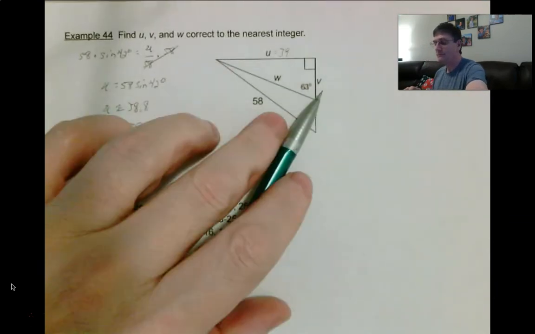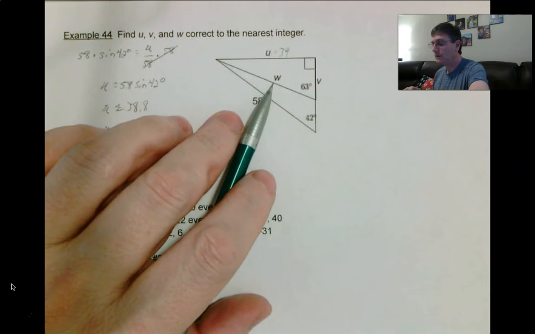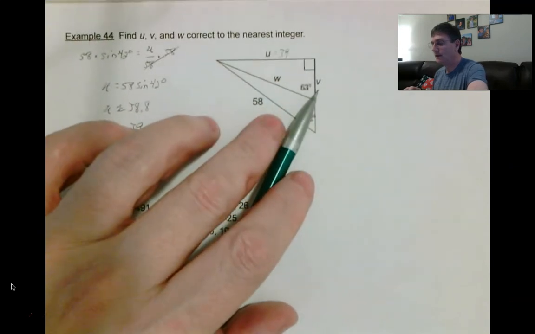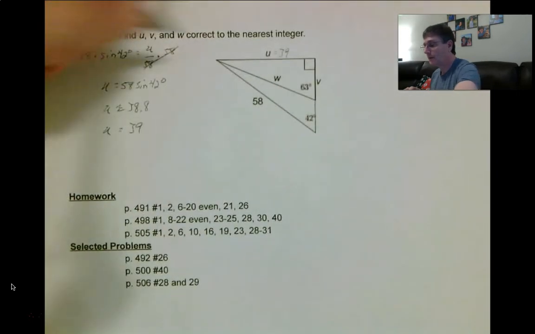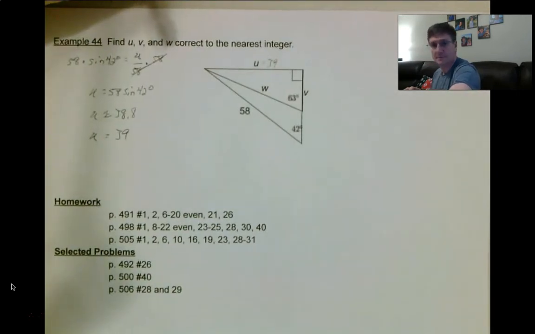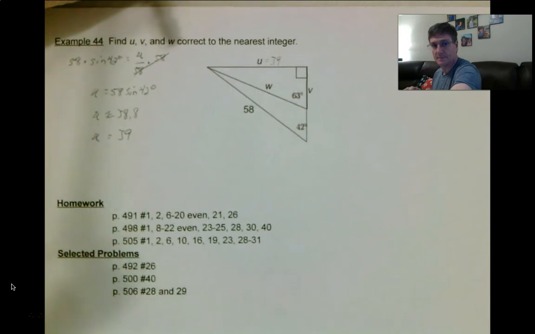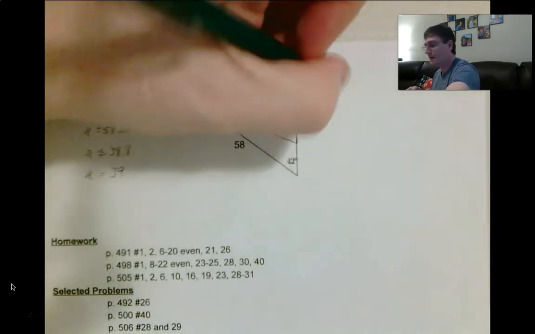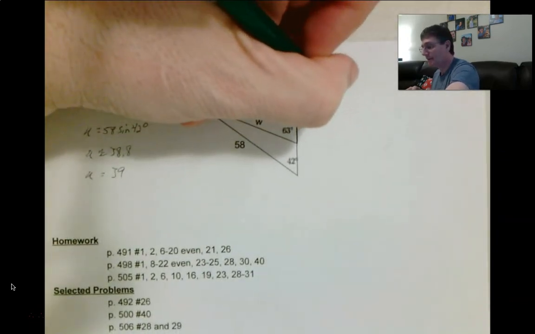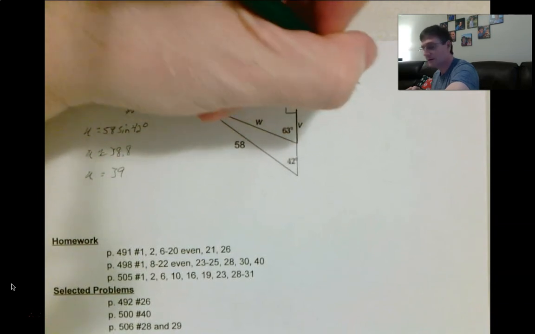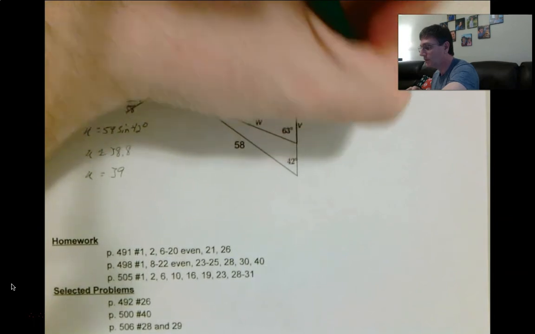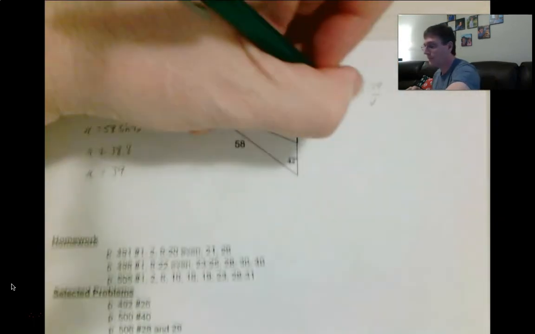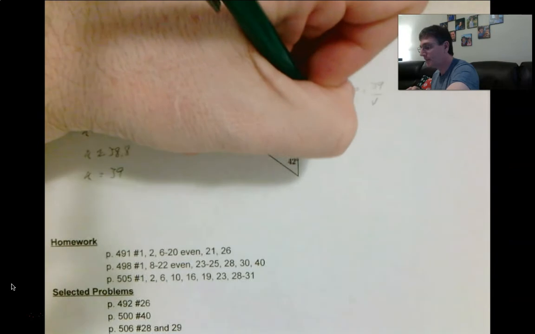Now that we've got U is equal to 39, let's find either V or W. Let's go for V this time first. So tangent 63 degrees equals 39 over V. Cross multiply.